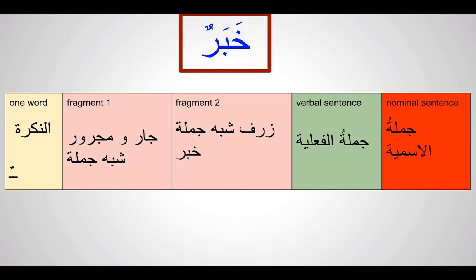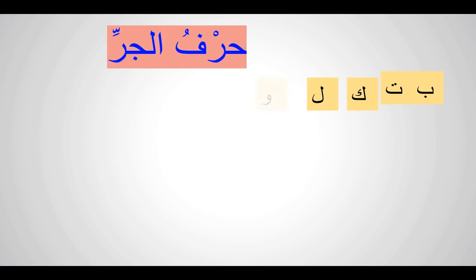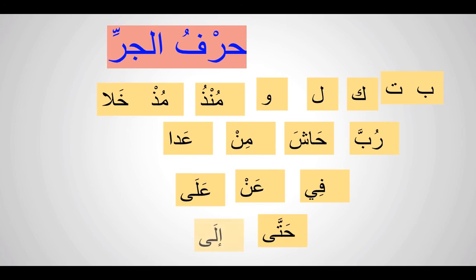So inshallah we will do it again. Just to quickly remind you about jar majroor, those are harf jars. We know these harf jars: ba, ta, kaf, lam, waw, mudh, mundhu, rubba, hasha, min, 'an, 'ala, fi, hatta, ila. So any noun which comes after these words is called ism majroor and it will have kasra.